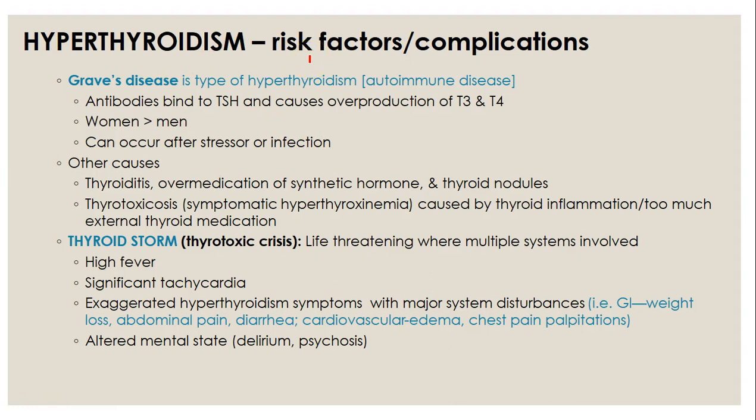Risk factors and complications: just like hypothyroidism has an autoimmune origin with Hashimoto's, the opposite with hyperthyroidism is called Graves' disease. The way that I remember this is that your metabolism is so revved up that you're going to drive yourself right into a grave.